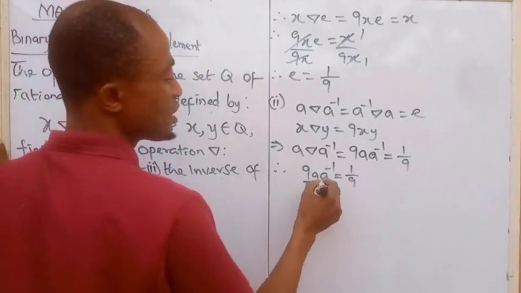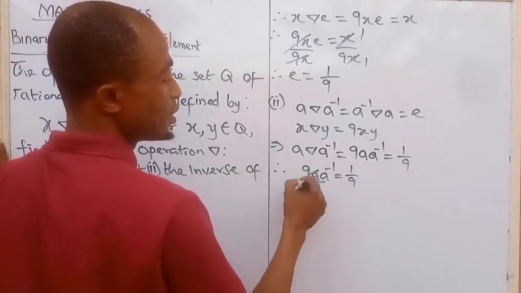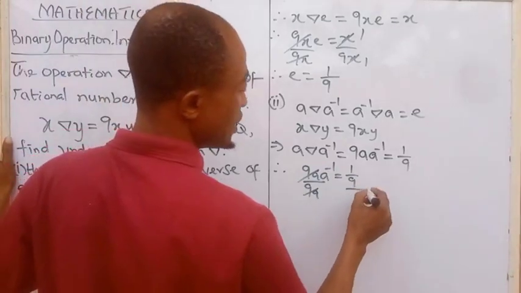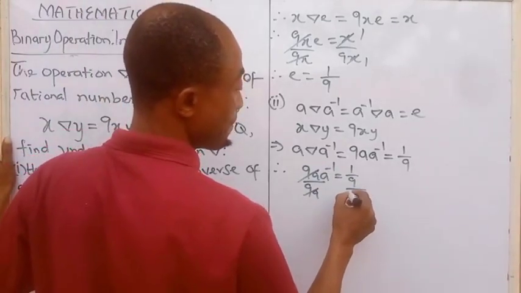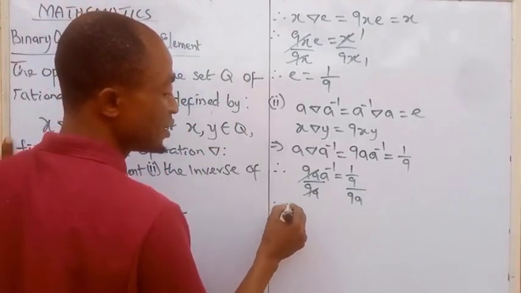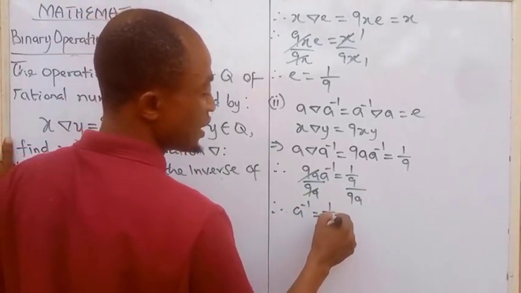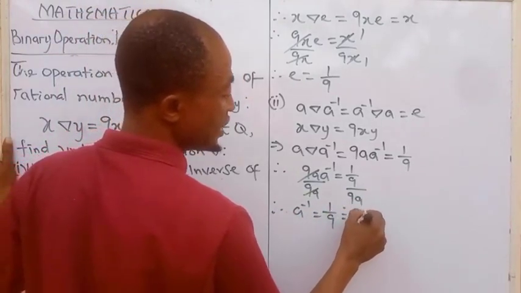So dividing both sides by 9a to remain with a inverse, a inverse equals 1 over 9 divided by 9a.